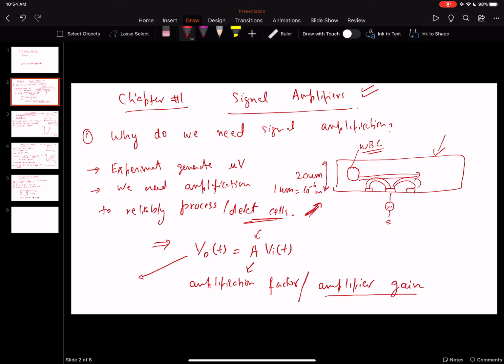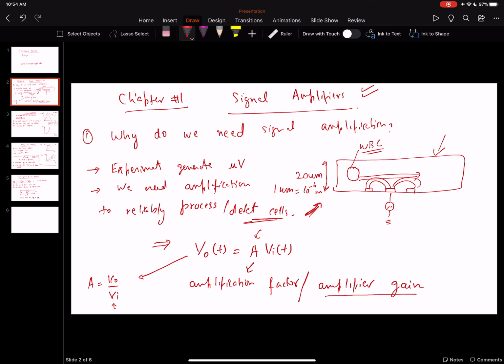So what is this A? This A equals V naught over VI. This was the amplification factor by which the input is being amplified or multiplied. Now we are going to discuss this in slightly more detail.